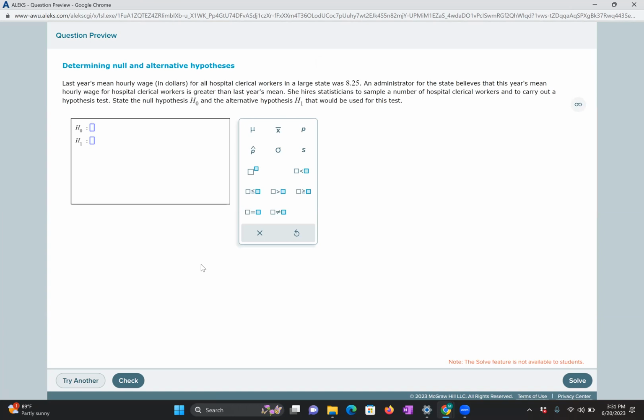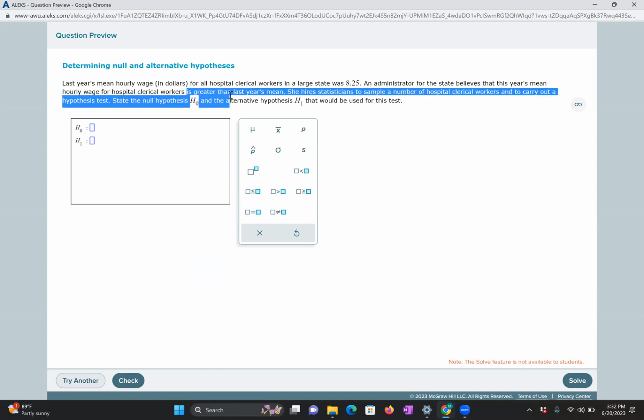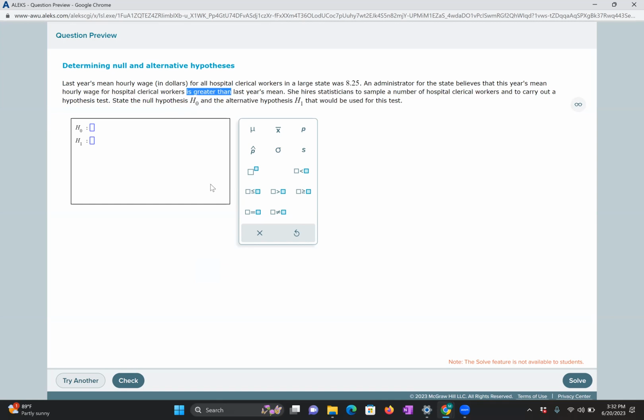Let's take a look at this. We're still determining the null and alternative hypothesis. It says last year's mean hourly wage in dollars in the hospital was 8.25. The administrator believes that this has increased, because it's "greater than." So if you notice here, they're talking about the mean, and they said it right here, so we know we're dealing with mu.